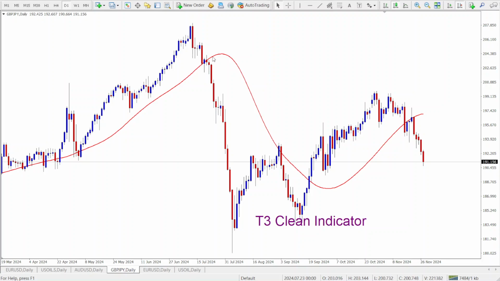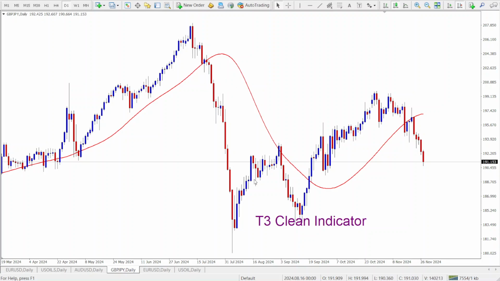All right, just wait for price to fall below the moving average and ensure that the breakout has been confirmed. You can use the same exit strategy that I just explained to confirm that the sell is actually valid. Once you've confirmed that price has actually broken below the T3 clean indicator, you can go ahead and enter a sell.